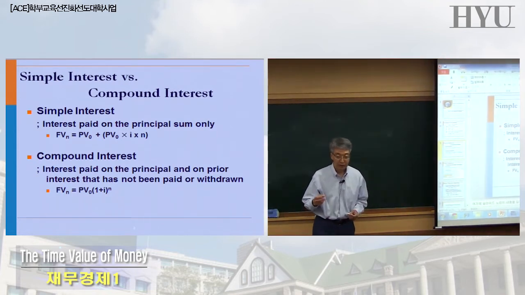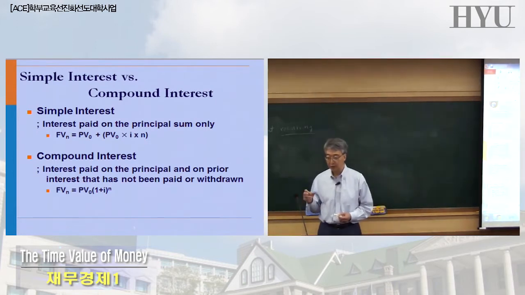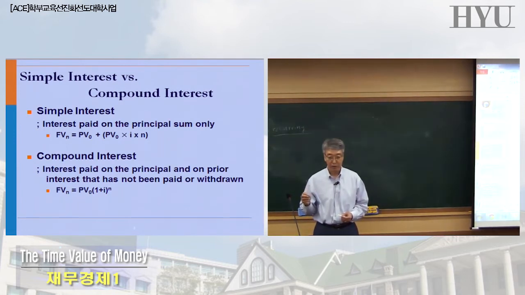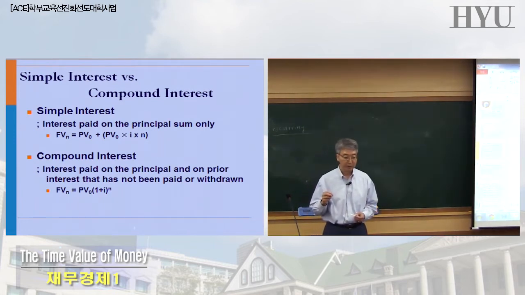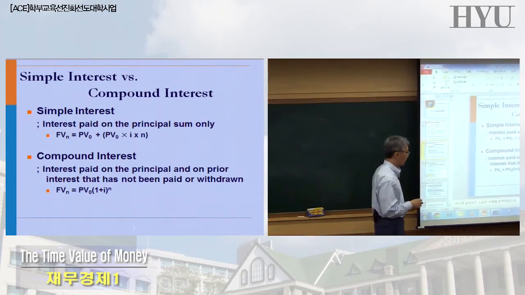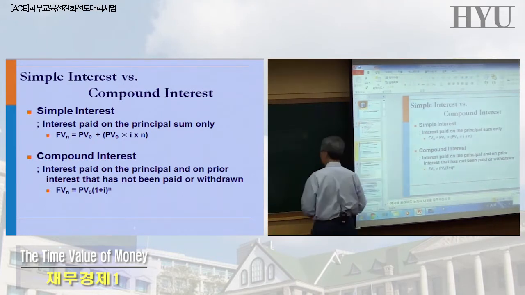So you will earn interest on $1,030 instead of the original $1,000. In other words, you are earning interest on interest, interest on principal and interest. That's the idea of compound interest.